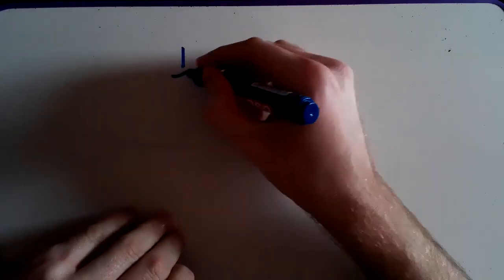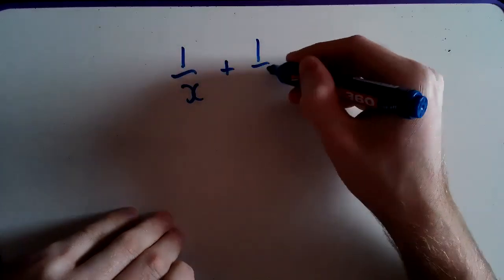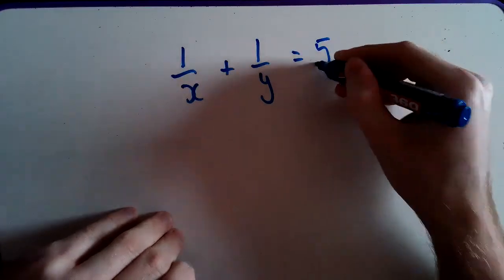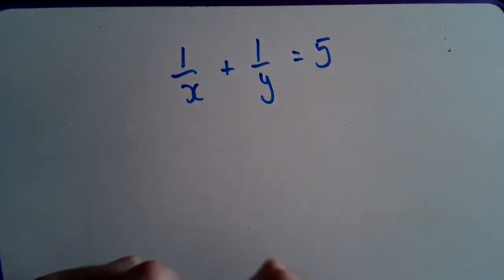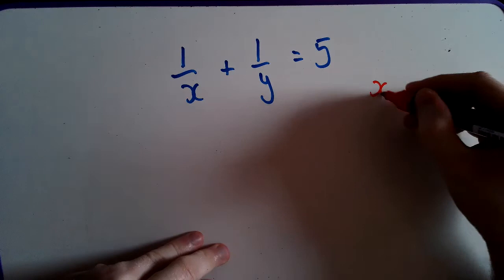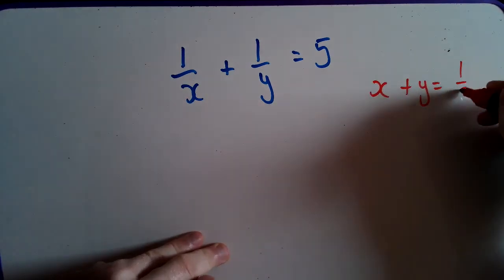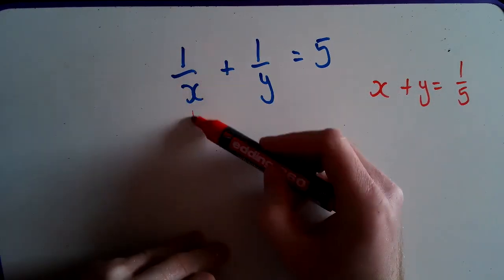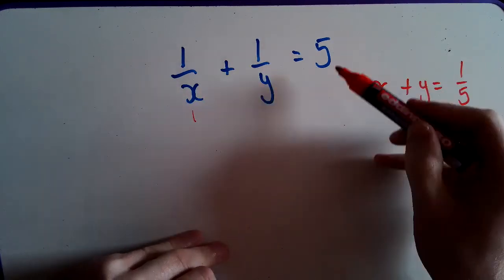Okay, the next thing to do with dividing is reciprocals. So, for example, if I had something like 1 over x plus 1 over y equals 5, you might be tempted to tell me that x plus y equals 1 over 5 by doing the reciprocal of this, the reciprocal of this, and the reciprocal of this.